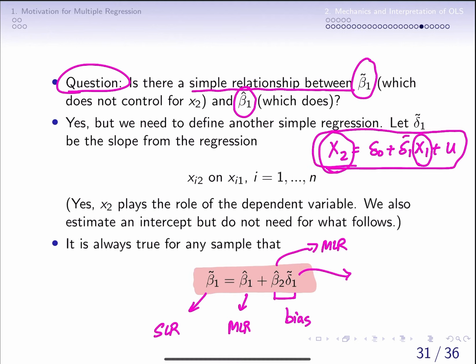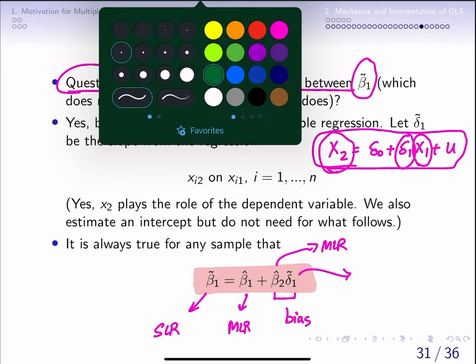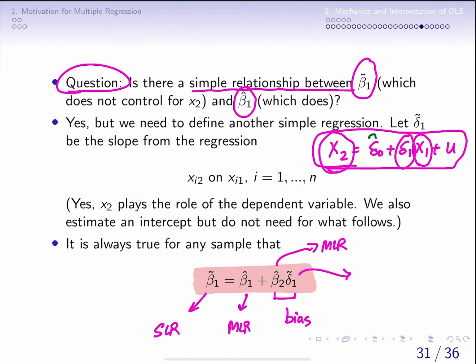Okay, so this guy right here. And here we can put tildes to denote that this is an estimated regression. So we can put a tilde here.